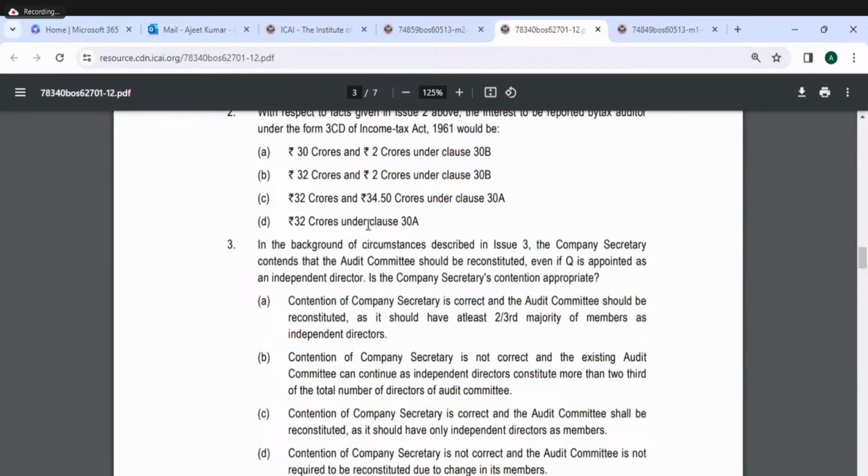First of all, we should think about it. Supposedly, if they would still have the requisite number of independent directors, would there have been a need to get this audit committee reconstituted? The answer is no. But since the number of independent directors has fallen below 2/3, there is a need to reconstitute this audit committee.